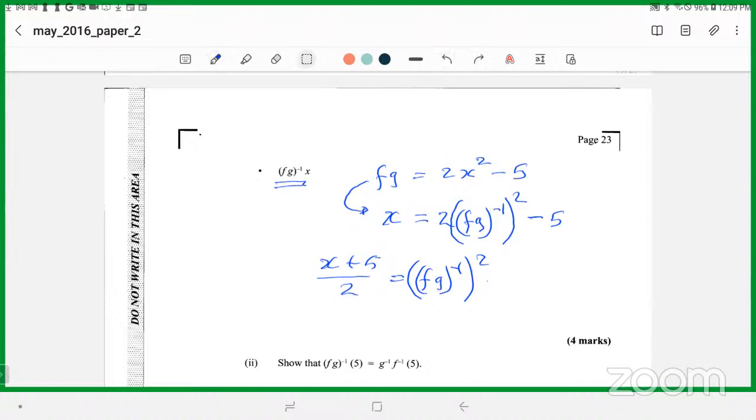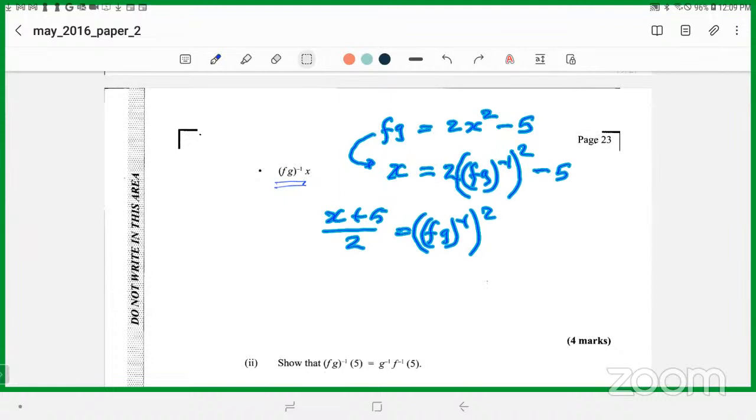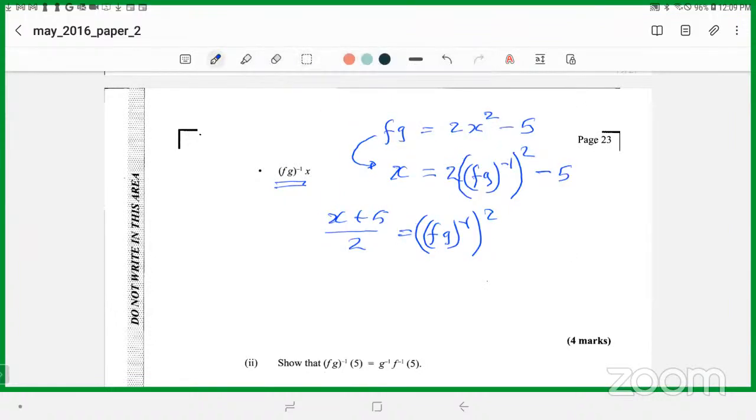So I'm going to take the square root of all of this side and get the square root of x plus 5 over 2 equals fg all to the minus 1.